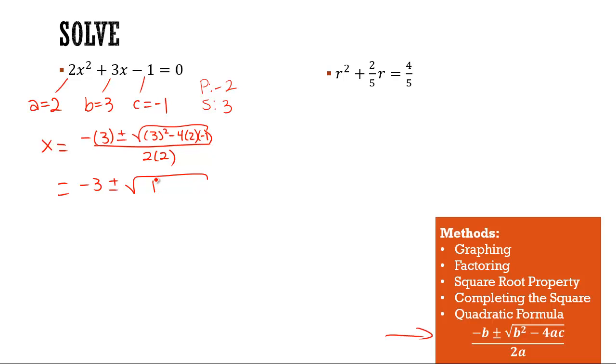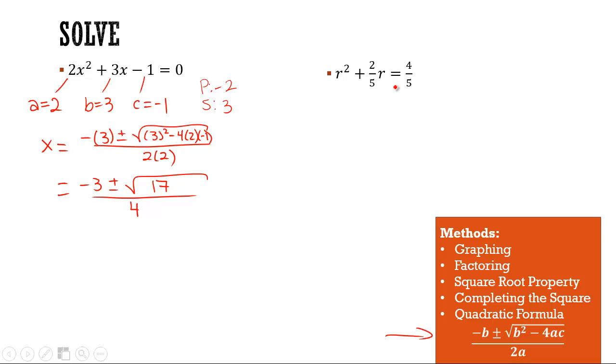So that's 17 in the root over 4. 17 does not simplify, so that is all we can do. There's no common factor that we can take out of the top, and that's it. So that means that because that root does not simplify, we weren't able to factor, and we indeed weren't.